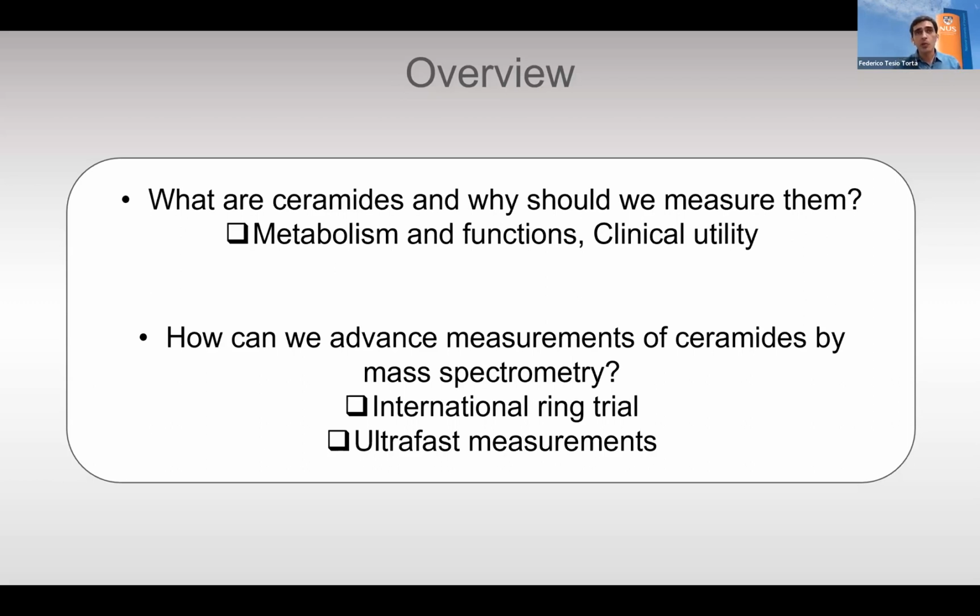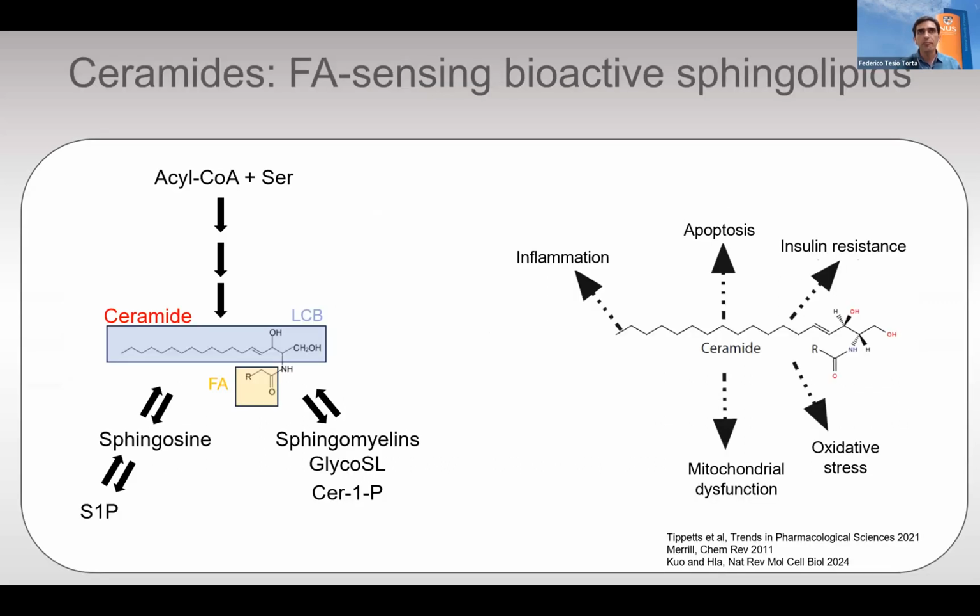Then, for most of my talk, I will illustrate how the lipidomics community put together an international trial to which, I guess, many of you contributed to advance the ceramide measurements. And in the last part of the talk, if I still have time, we will show a recent contribution of our lab to this field by performing ultra-fast measurements of ceramides in human cohorts.